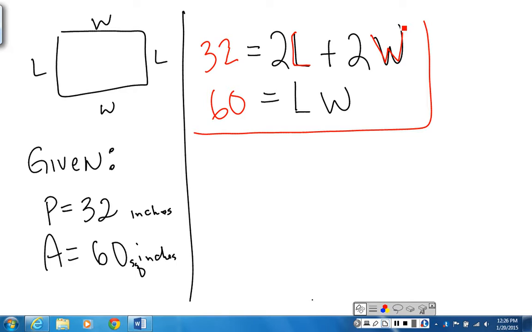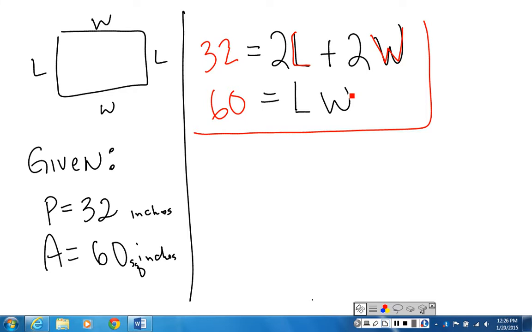Well, you could possibly solve for one of the variables and plug it into the other equation. So yes, you can solve for one of these variables and plug it into the other equation. Let's just try something, and let's see what happens.